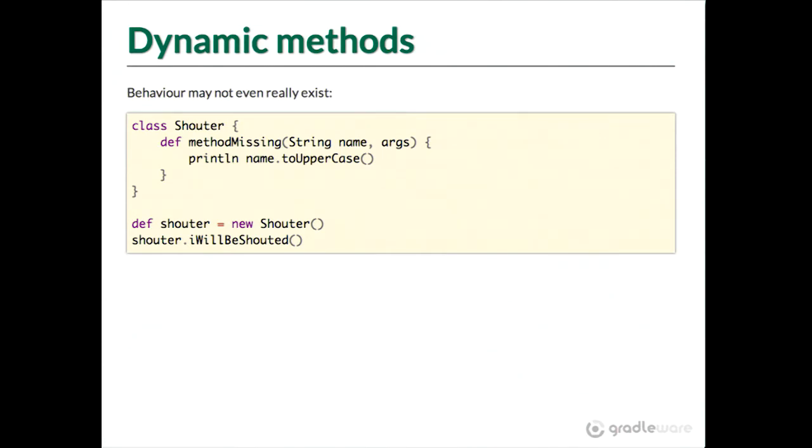So there is what's known as the meta-object protocol in Groovy. And what this refers to is there's a protocol that is followed when something like a method call is executed or a property assignment or something like that. And that protocol lays out the steps that Groovy goes through to try and work out what is that. So one of the first things it's going to look for is, well, does that object have that method?